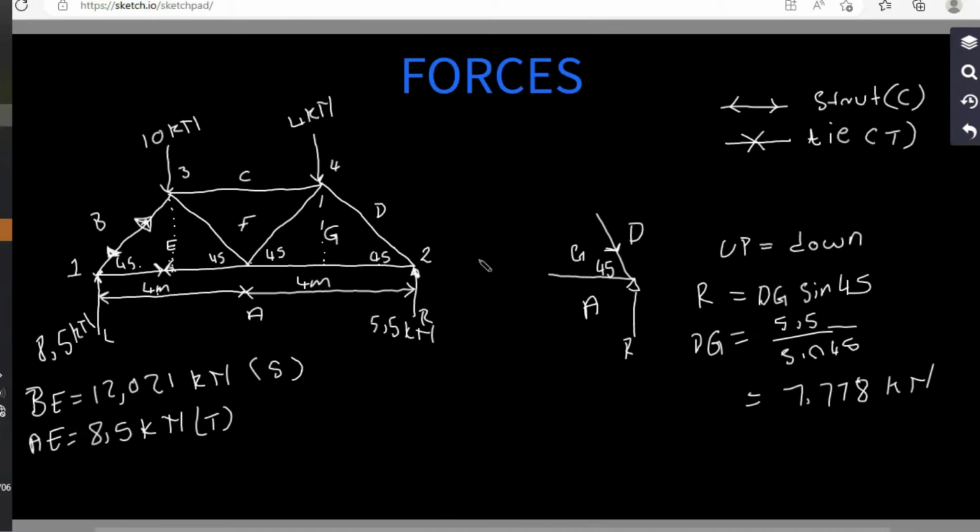So we come to DG and put the direction here and mirror it. This is what? It's a strut. So we are coming again here to say we also have DG, and it is equal to 7.778 kilonewtons, and it is a strut.